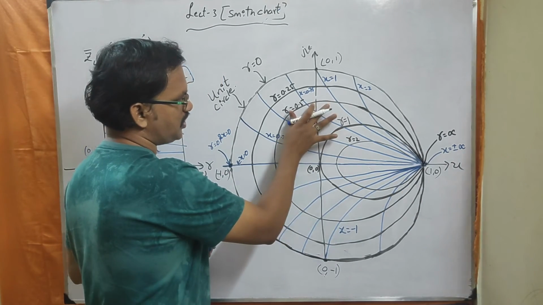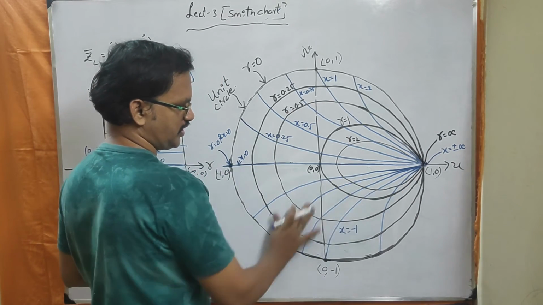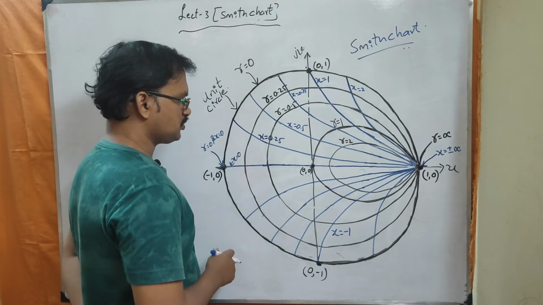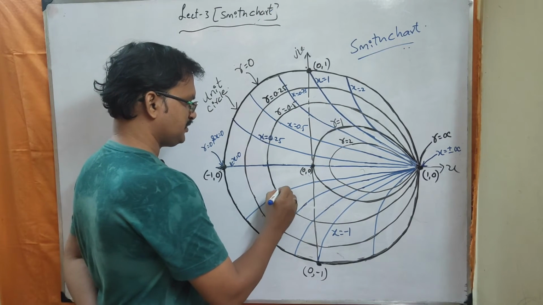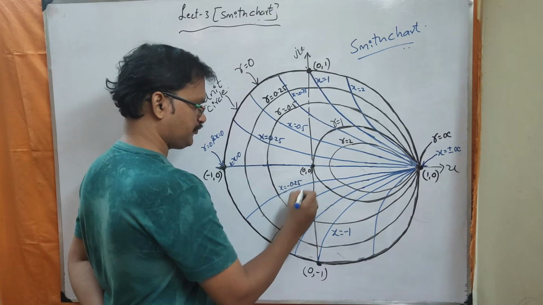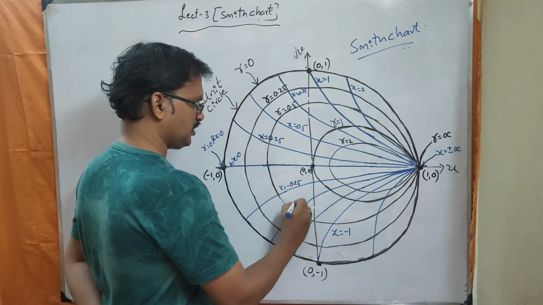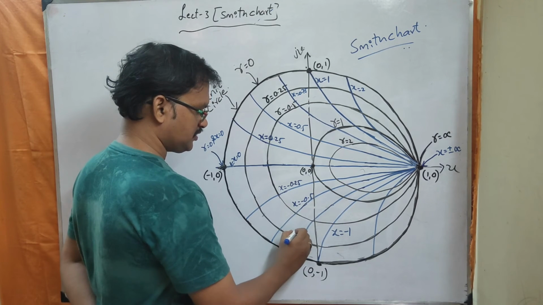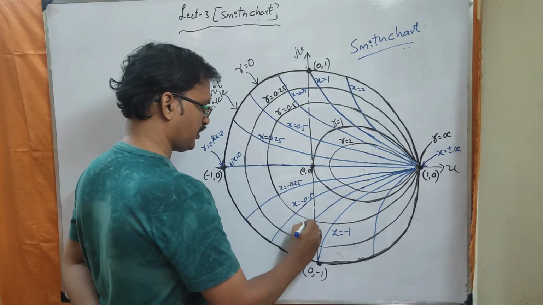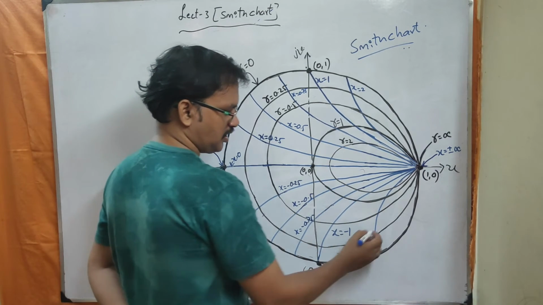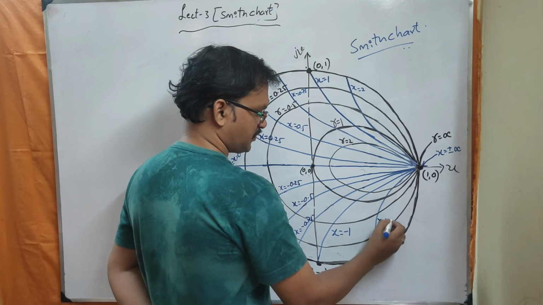Now if you draw the mirror images of these reactance circles, you will get all the negative reactance circles below this u axis. So let us consider this reactance circle is x equal to minus 0.25, and this reactance circle is x equal to minus 0.5, and this one is minus 0.75, and this one is minus 1, and this one, let us say, is minus 2.